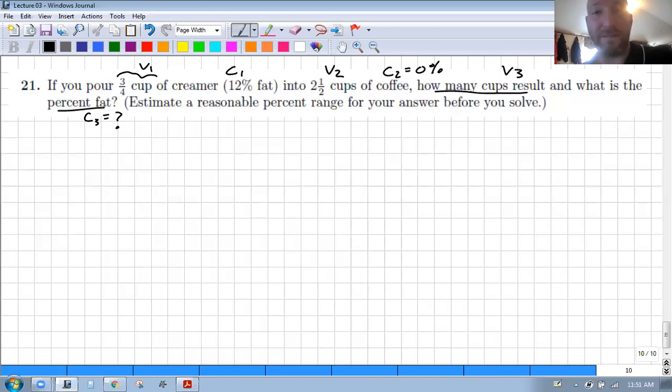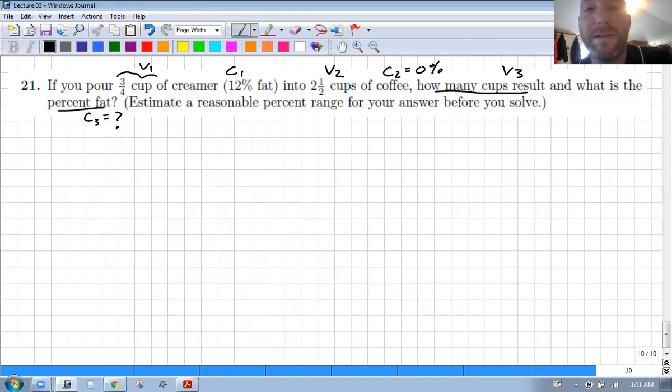All right, let's try to estimate a reasonable percentage before we answer. So we have 3/4 of a cup of creamer and 2.5 cups of coffee. So it gives us 3 and 1/4 cups total, and 3/4 of a cup at 12%. 12% isn't very much, and 3/4 of a cup isn't very much.